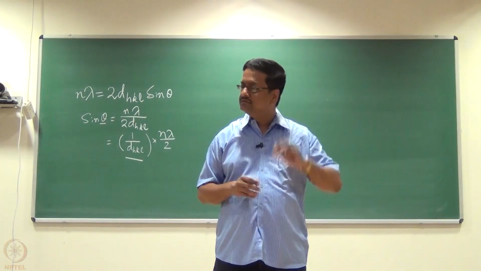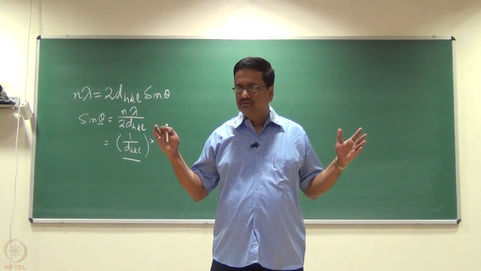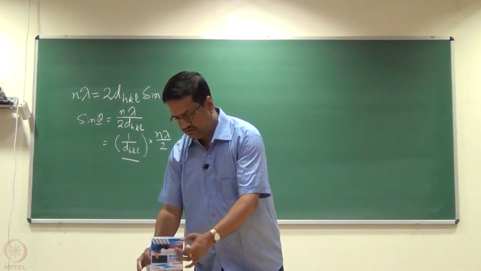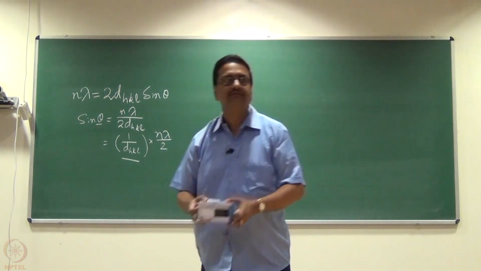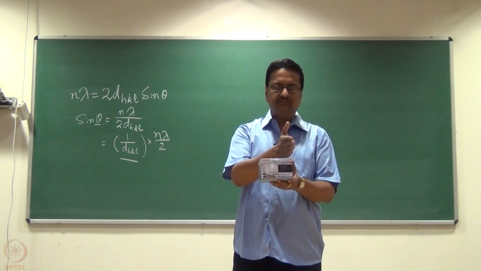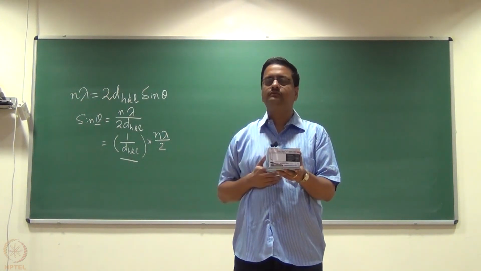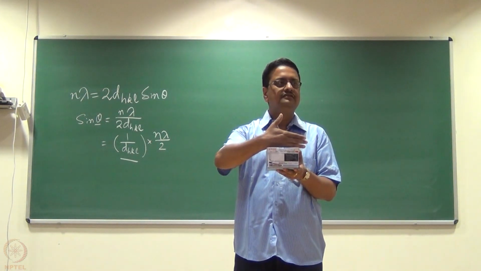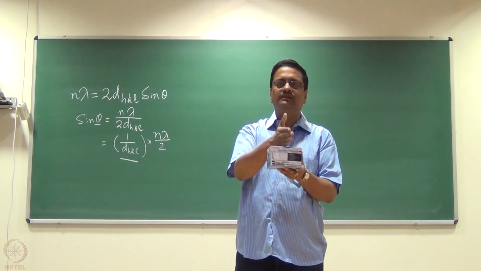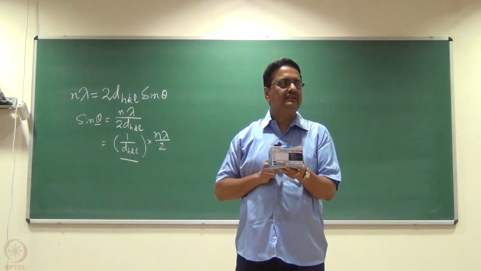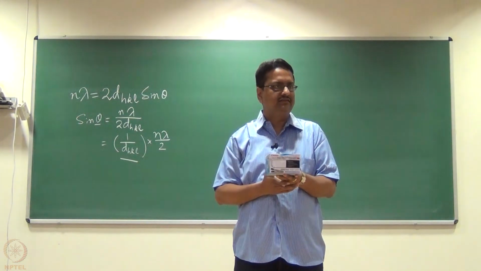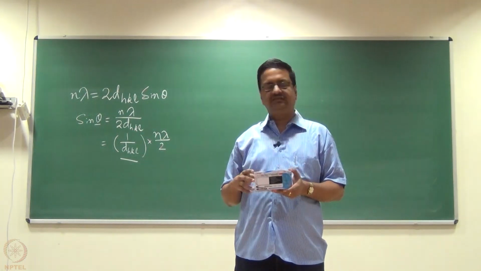What happens is, in the lattice, suppose this is my unit cell, some planes which are parallel to the faces are easy to see. Some planes which are like that are not so difficult to see. But when the planes are intersecting all the three axes in all possible directions, it becomes difficult to imagine.